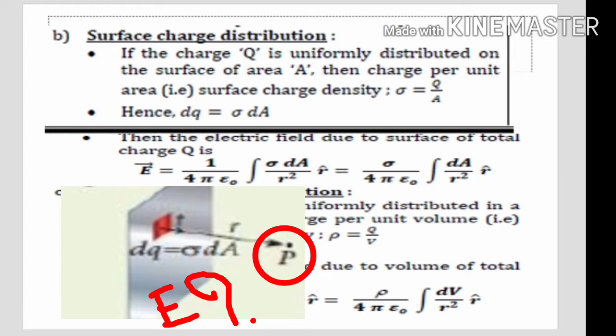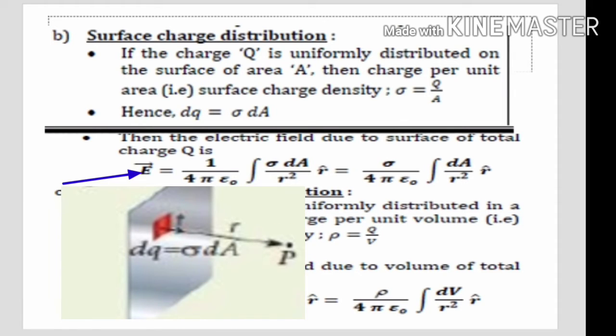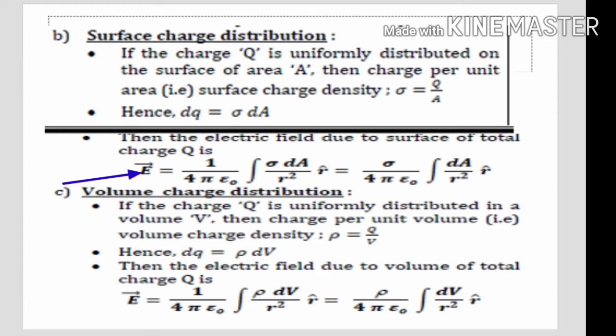Hence, what will be the electric field at a point P from the charged surface? That can be determined by the equation E vector is equal to 1 by 4 pi epsilon naught integral sigma dA divided by r squared into r cap, where sigma is constant. Take it outside. Hence, E vector is equal to sigma by 4 pi epsilon naught integral dA by r squared into r cap.